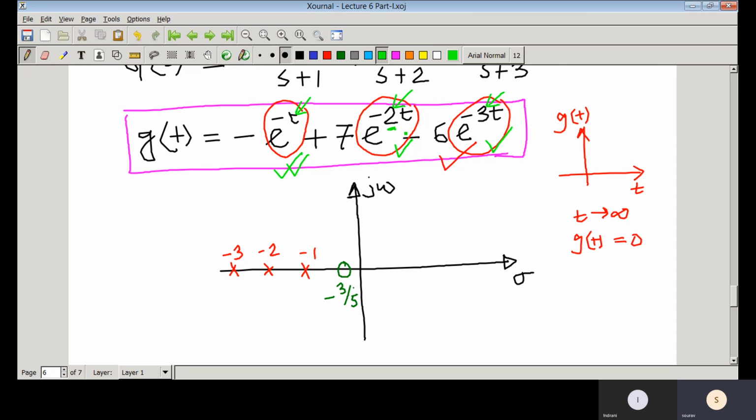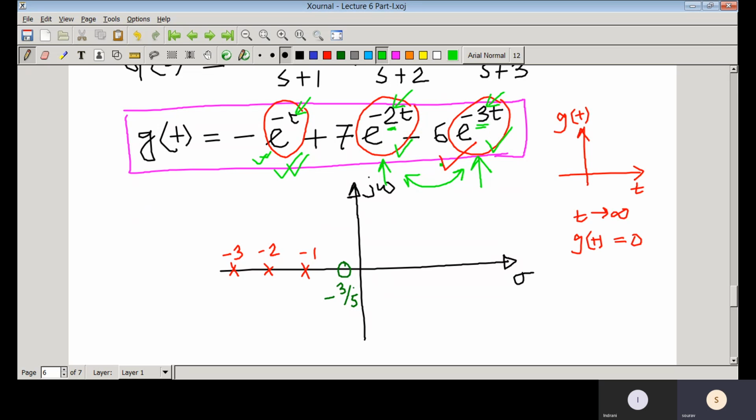As time progresses, the first term dies out later than the second and third terms.